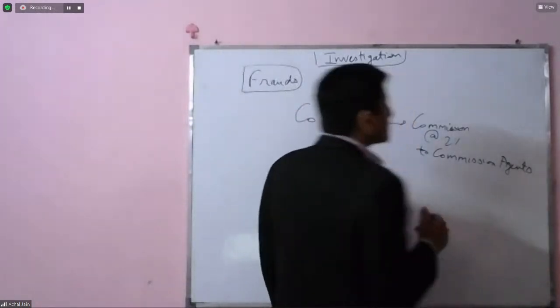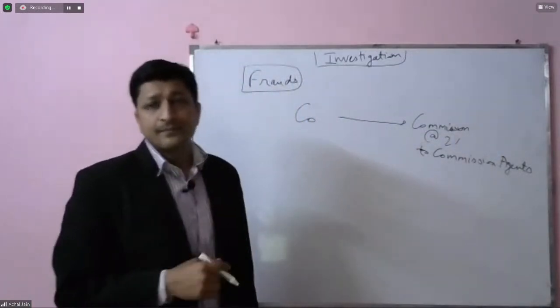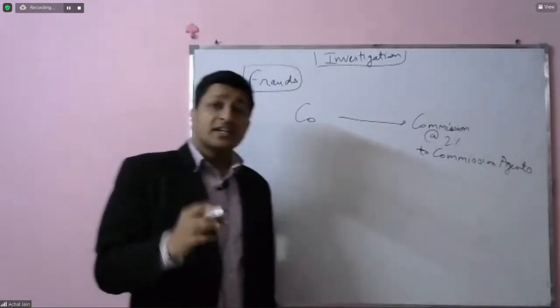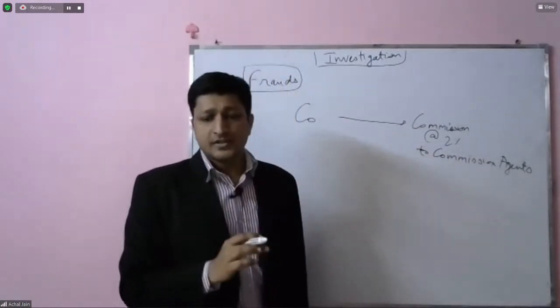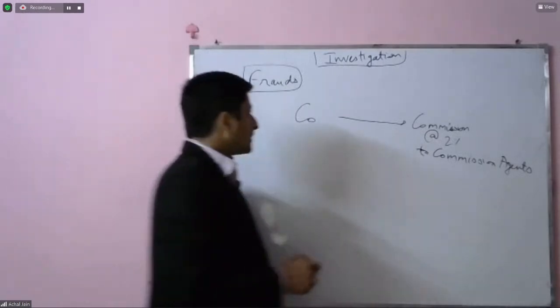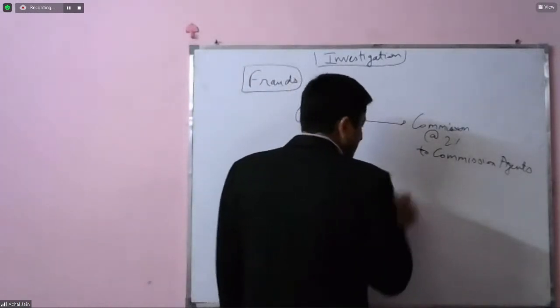And this commission is paid to the commission agents when they bring sales to the company. It's not necessary that sales will be brought only by the commission agents. Some of the sales are also brought directly to the company. So let's suppose there are some direct customers.